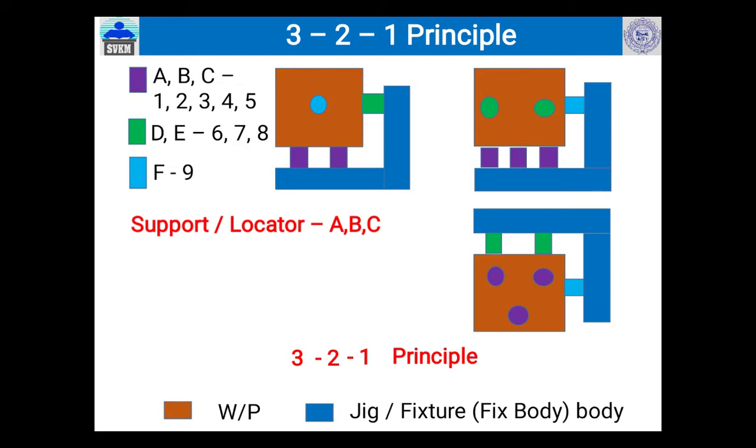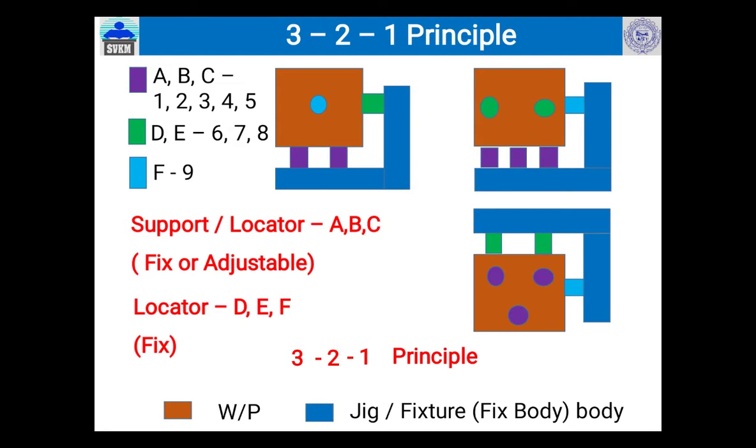Now here the 3 pins which we have used at the bottom, A, B, C, are called supports. Those are sometimes fixed or adjustable depending upon the condition, whereas pins D, E, and F are called locators, and these pins are fixed.